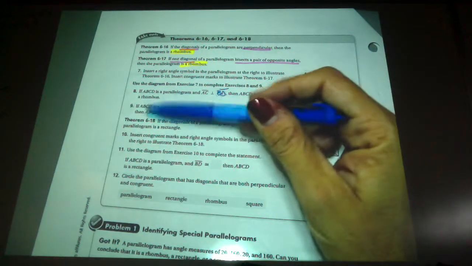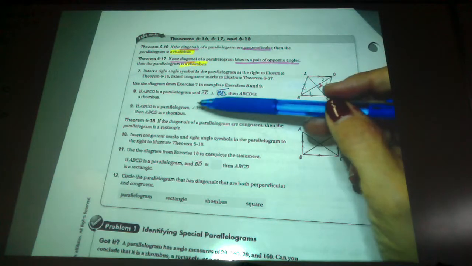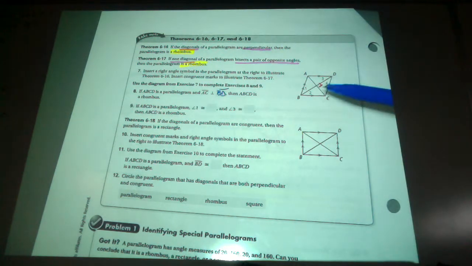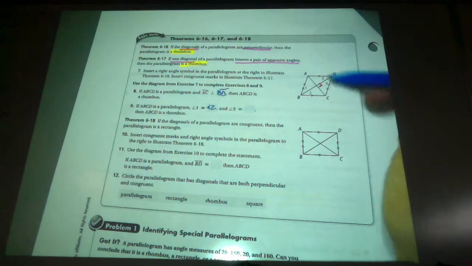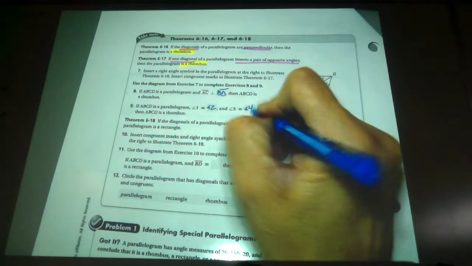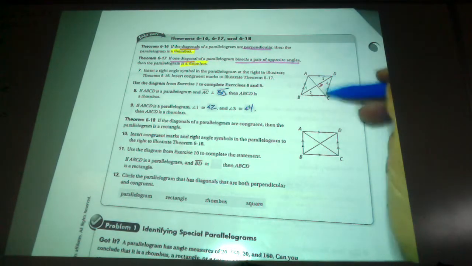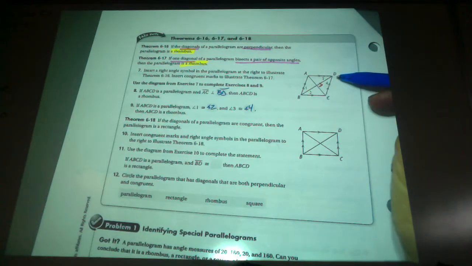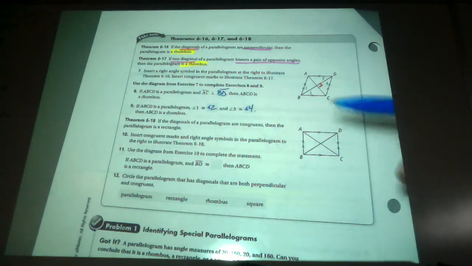Same thing, the quadrilateral is a parallelogram, if angle 1 is congruent to what? Angle 2, and angle 3 is congruent to angle 4. So there's your one pair of angles bisected. You don't have to prove those ones, just those ones. And so we'll add that to our list here in a minute.